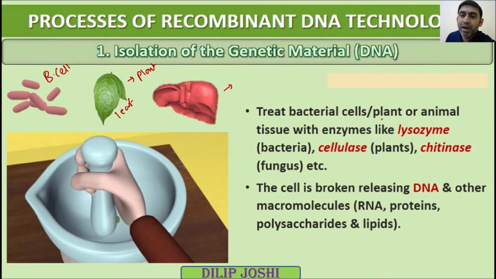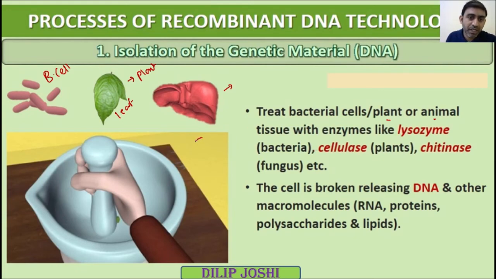In order to withdraw the DNA, we know the plant cell contains cellulose and pectin. So to remove this cellulose and pectin, we need the enzymes cellulase and pectinase. In the case of bacteria, lysozyme will be needed. In the case of fungus, the cell wall contains chitin. So to degrade this chitin, chitinase is required, and for animal cells, lysozyme is required.